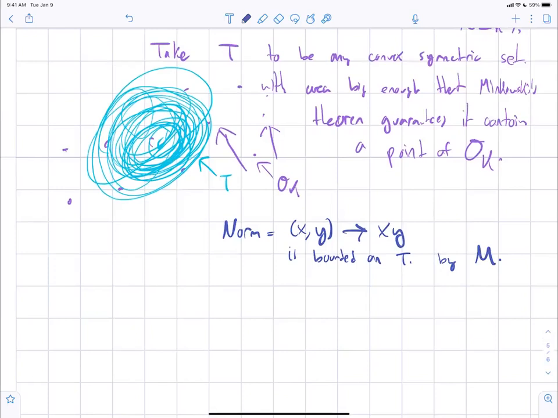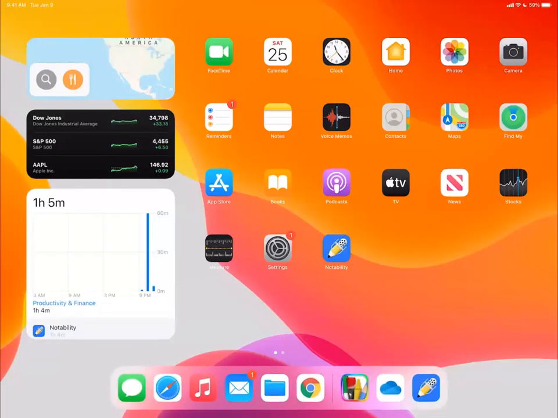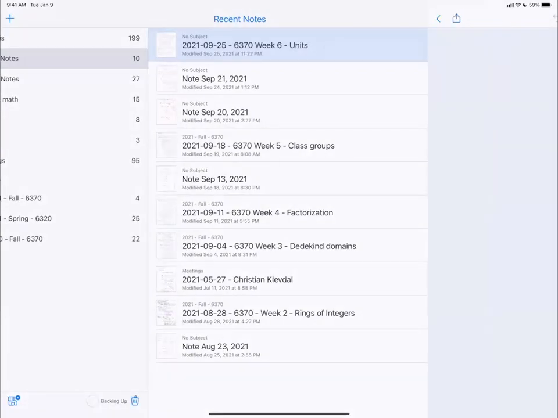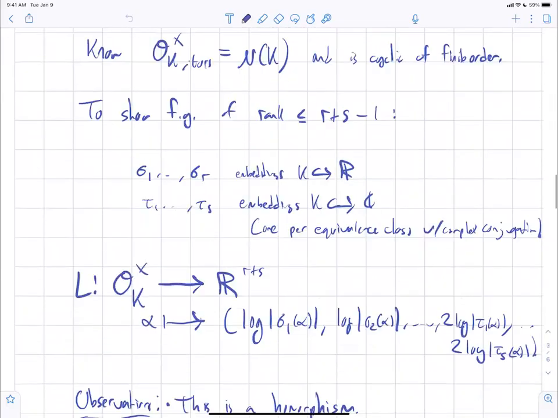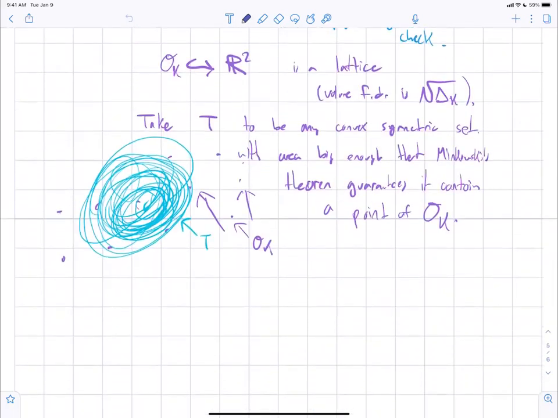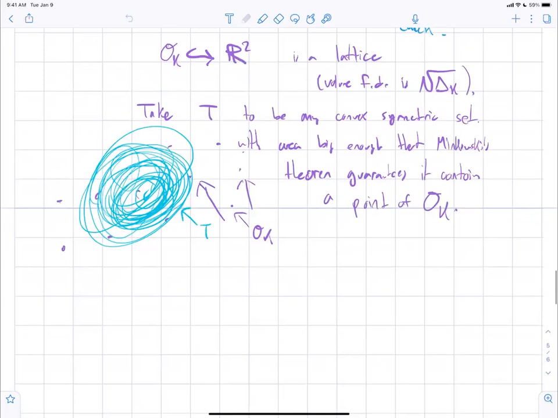Now we're going to use a cool trick. Whoops, I don't know what happened there. I think it crashed and I lost some stuff, so let me just write that again.